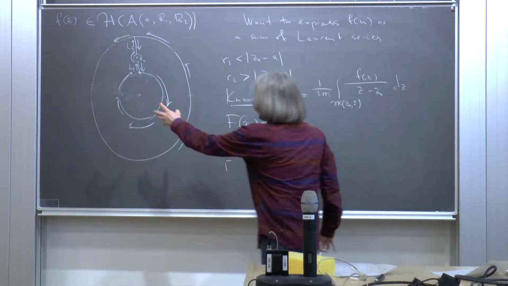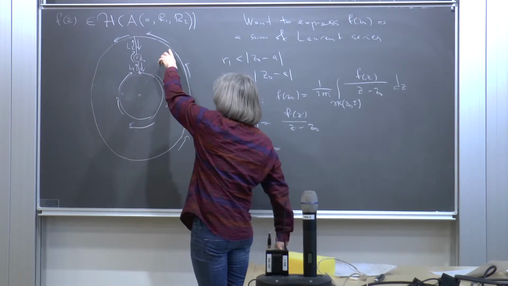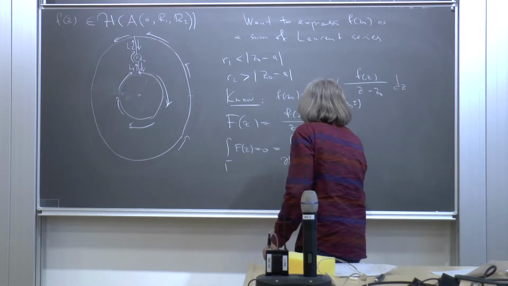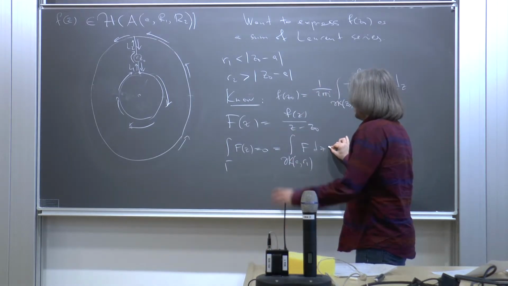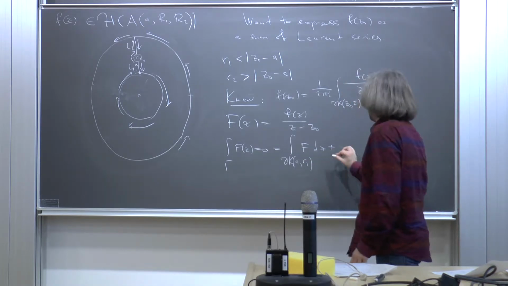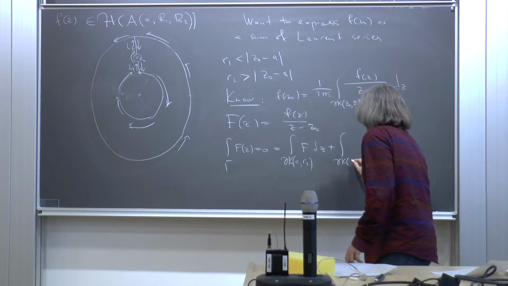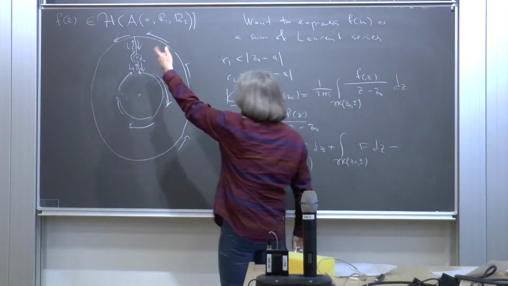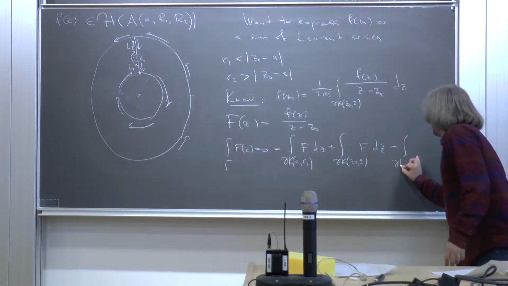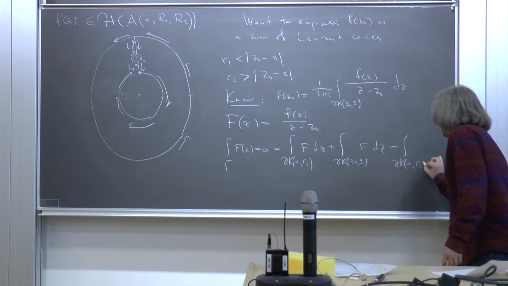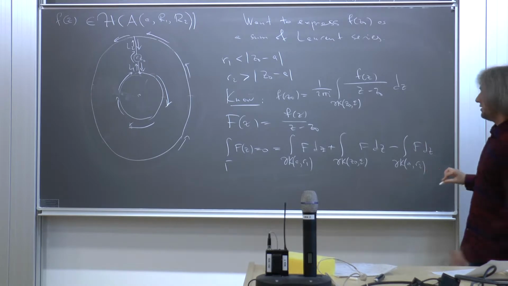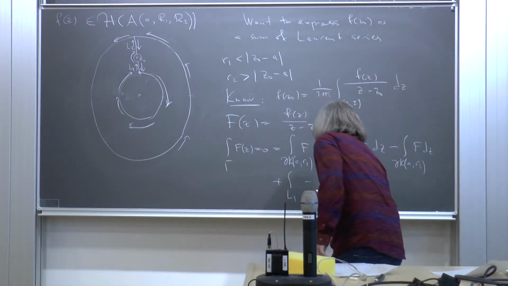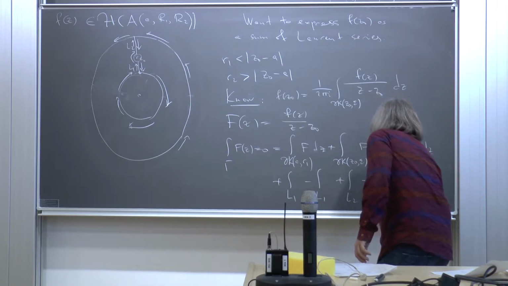Then I'll have the integral over the circle of radius r1 of f dz, another one with the same sign, the integral over the epsilon circle around z naught of f dz, minus, since the direction changed, the integral over the circle of radius r2 of f dz, and then the canceling ones: plus the integral over L1 minus the integral over L1 plus the integral over L2 minus the integral over L2.